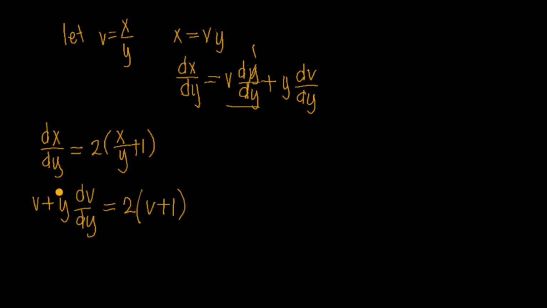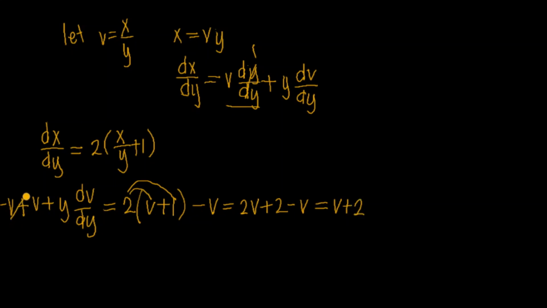Now subtracting v from both sides of the equation, 2v plus 2 minus v, 2v minus v is v plus 2.